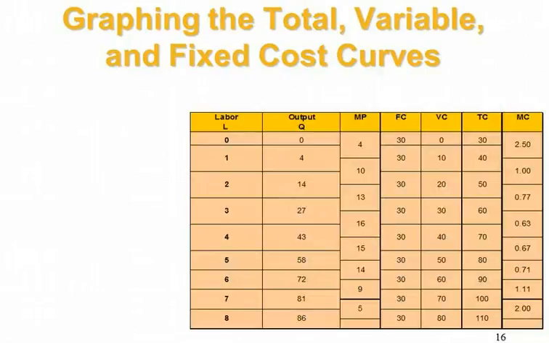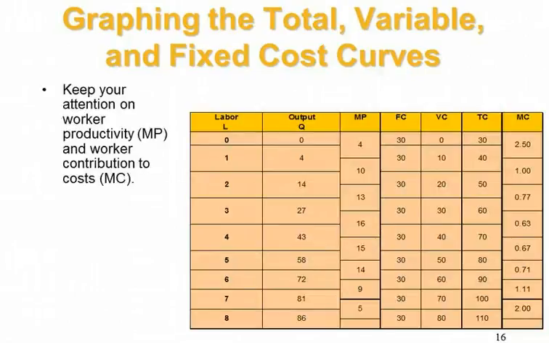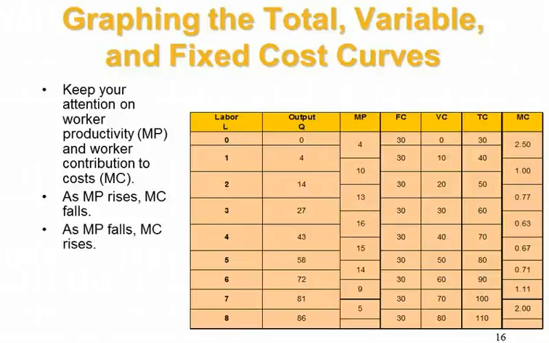So take a look at this. Keep your attention on the productivity, the marginal product. As marginal product rises, 10, 13, 16, marginal cost falls. So go back here.